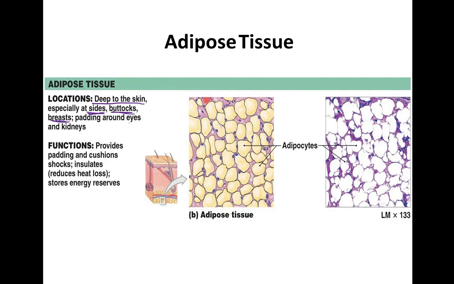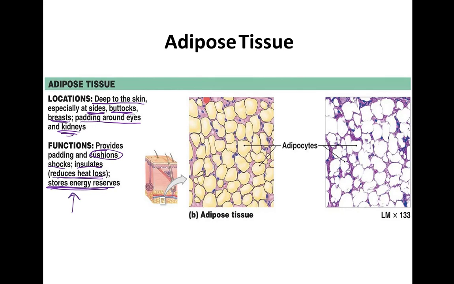It's also present as padding around the eyes and, interestingly, around your kidneys. Okay. It provides a lot of cushioning in those locations and helps to insulate against shock. It also helps to literally insulate, meaning it reduces your heat loss, helps to maintain a steady body temperature thanks to homeostasis. Probably most famously, though, the fat in adipose tissue is used as an energy reserve.